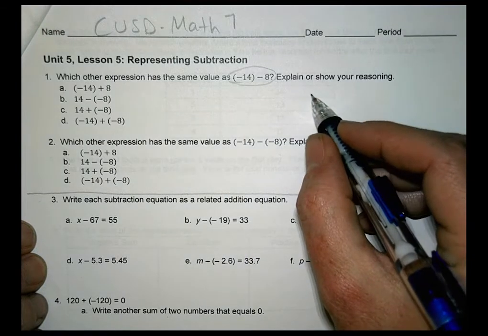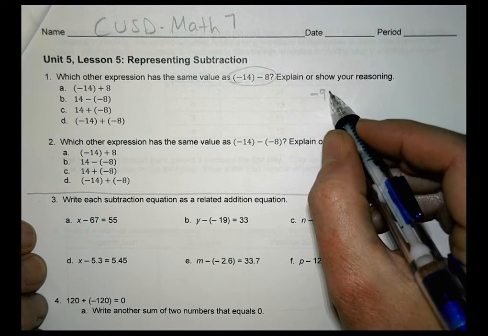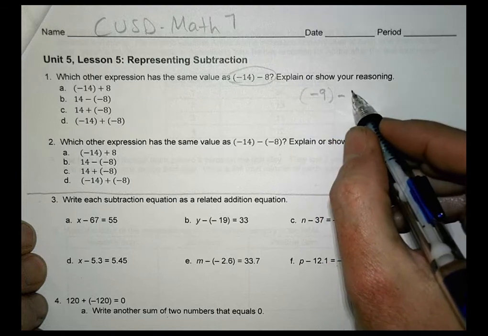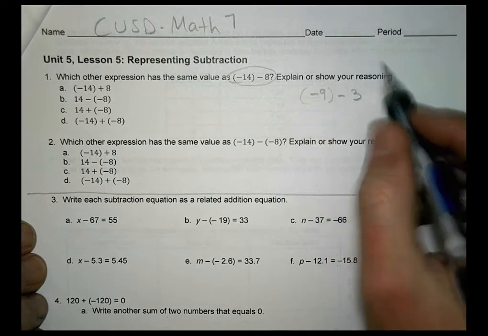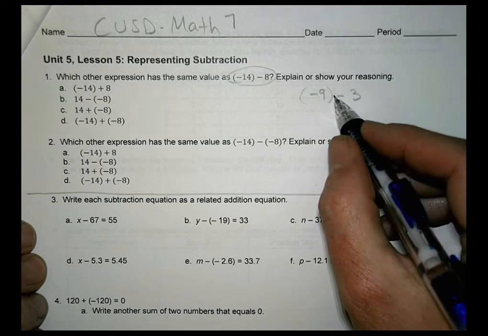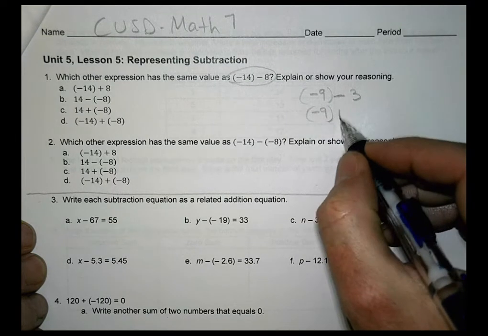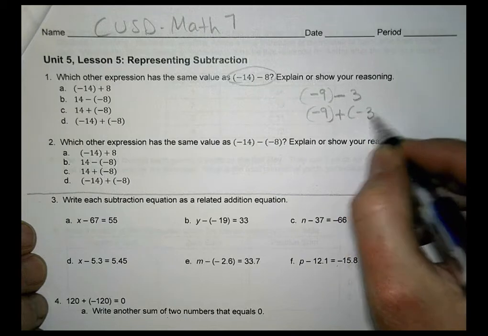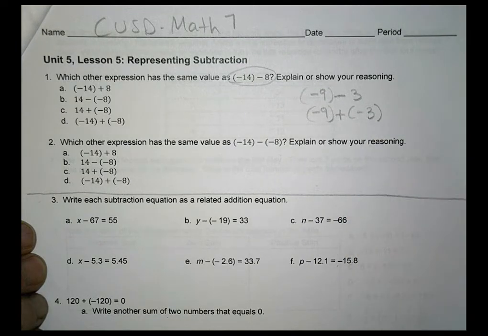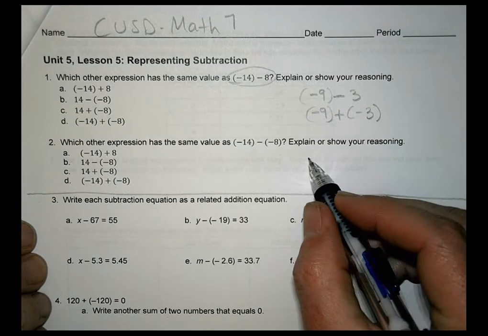Let's say that we had negative 9 minus 3. We could rewrite this a few different ways because I can turn a subtraction problem into something like adding a negative problem, and that works out exactly the same. Over here I could do a similar thing.